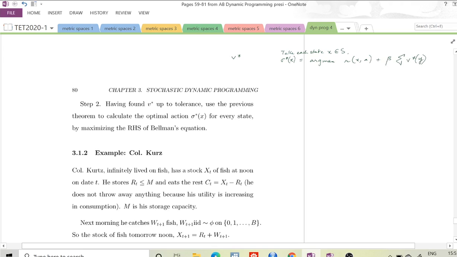We use that function that we found wherever we've stopped the iteration, and we maximize this with respect to feasible a's. Okay, so state by state we get an optimal action sigma star of x, and that collection, that map sigma star, is the optimal strategy. It so happens that it's stationary. It just depends on the current state, right?